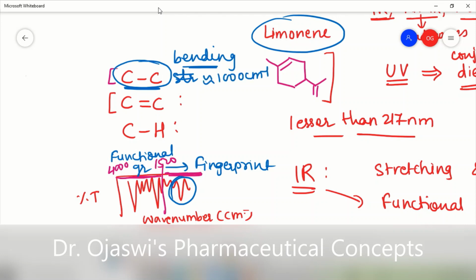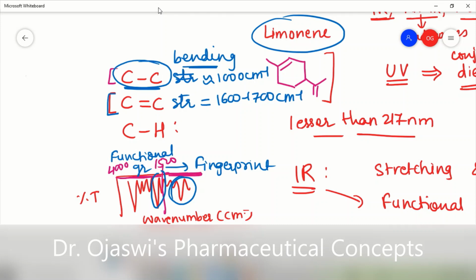So we may see many peaks here in the fingerprint region, which is the crowded region, usually full of bending vibrations. Then comes the C double bond C stretching. The presence of C double bond C is confirmed by the appearance of a peak in the region closer to 1600 to 1700 centimeter inverse.